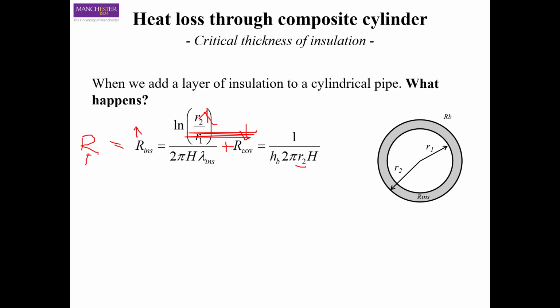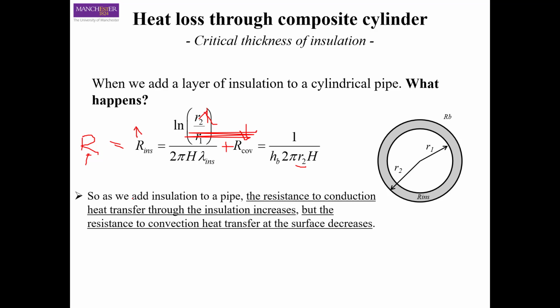So the total resistance depends on the value of R2, and it is a resultant of these two competing phenomena. One is increasing the resistance while the other is decreasing it. So there will be a value of R2 where this R T will be minimum, and as such we have the maximum heat loss to the environment.